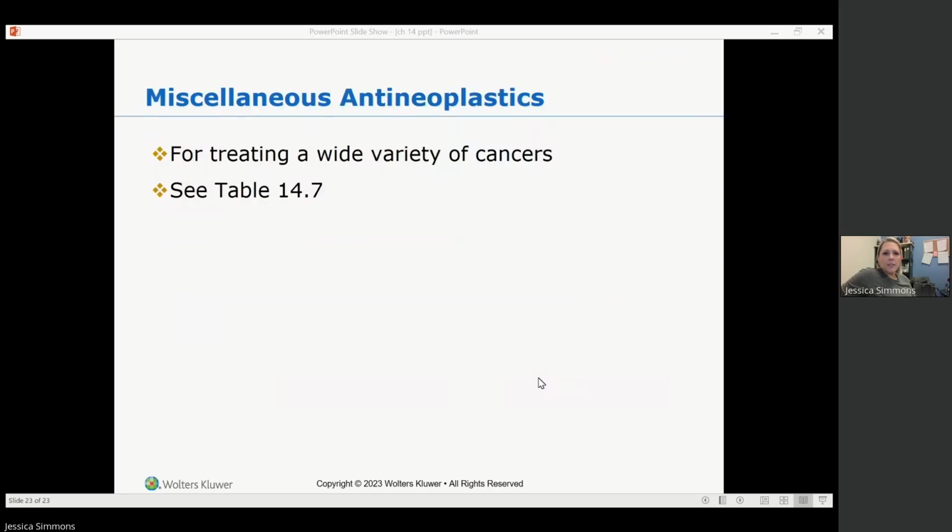Miscellaneous antineoplastics. So table 14.7.